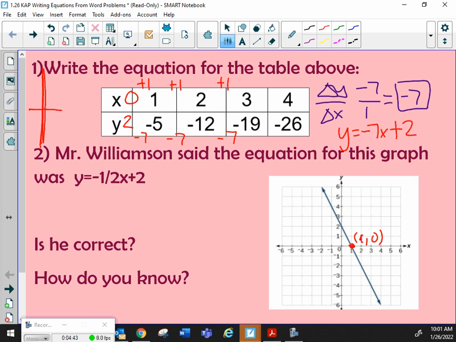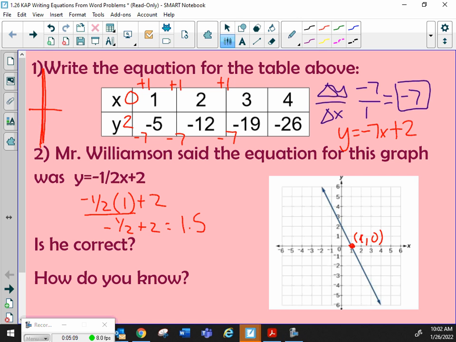If you plugged in that point, what would happen? It would be not correct, right? Yeah, if I did -1/2 of 1 plus 2, what's that going to equal? -1/2 times 1 is negative half, plus 2 gives me 1.5. It gives you 1.5.